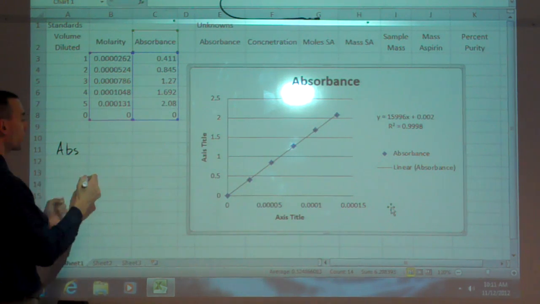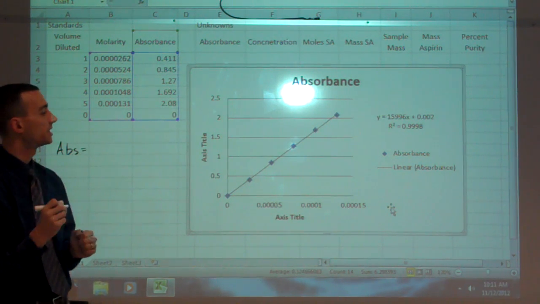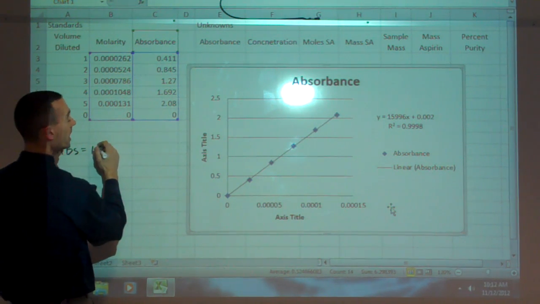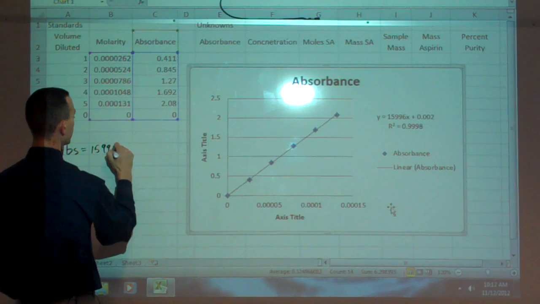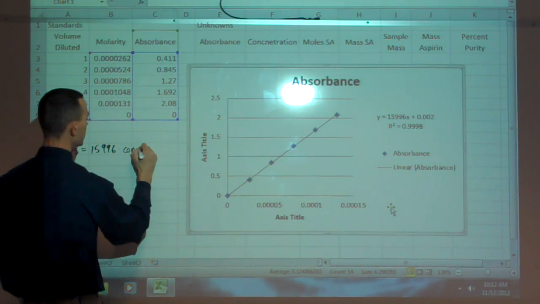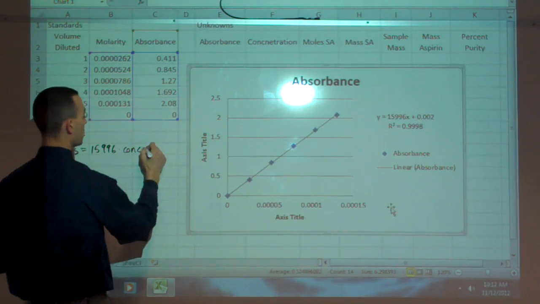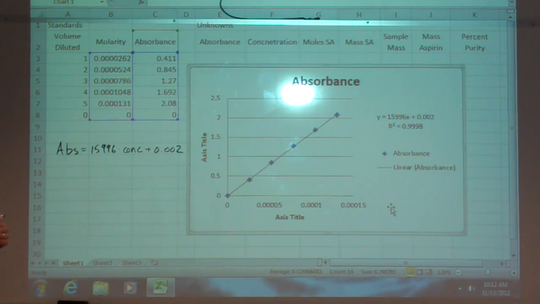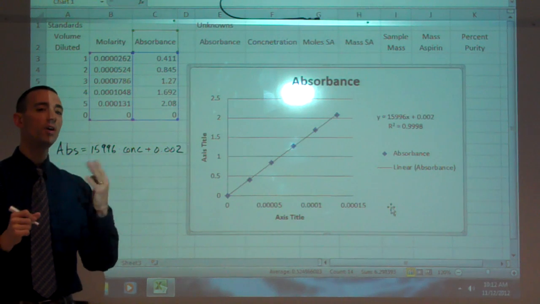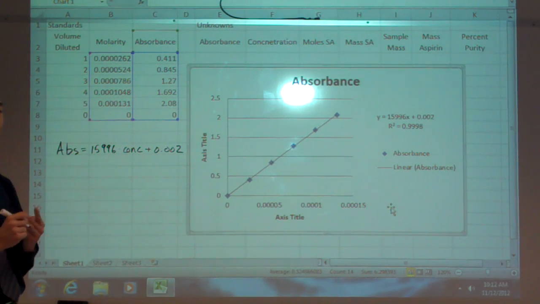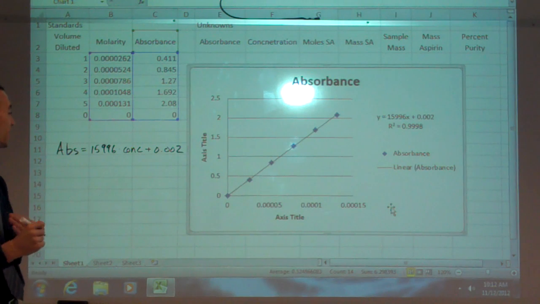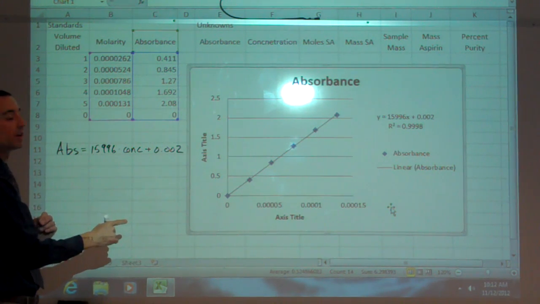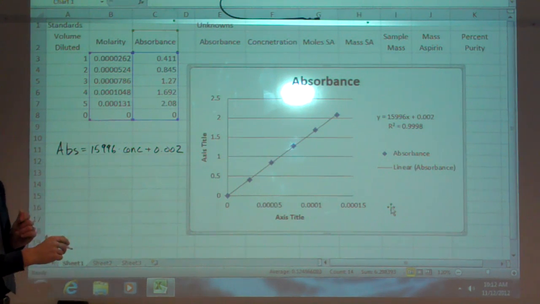It's telling us the absorbance of any solution containing salicylic acid will be equal to 15,996 times the concentration of that solution plus 0.002. So we now have 4 unknown solutions, unknown in their concentration of salicylic acid. We can use this equation to work backwards to find that concentration.